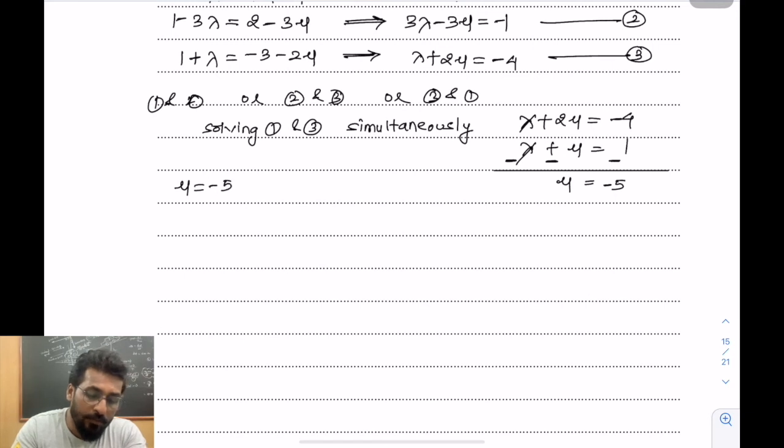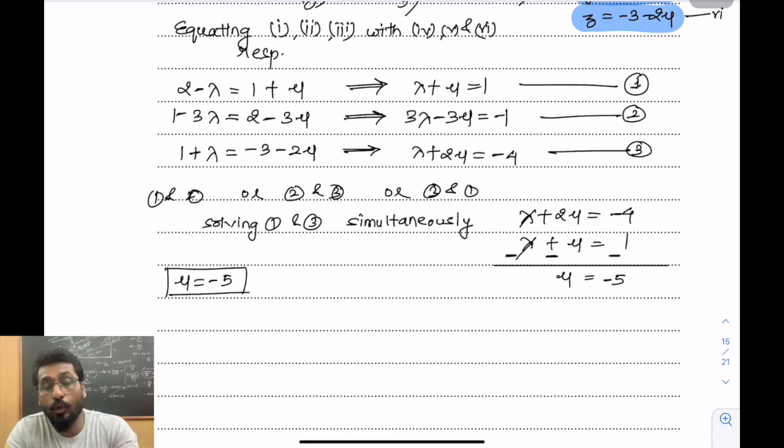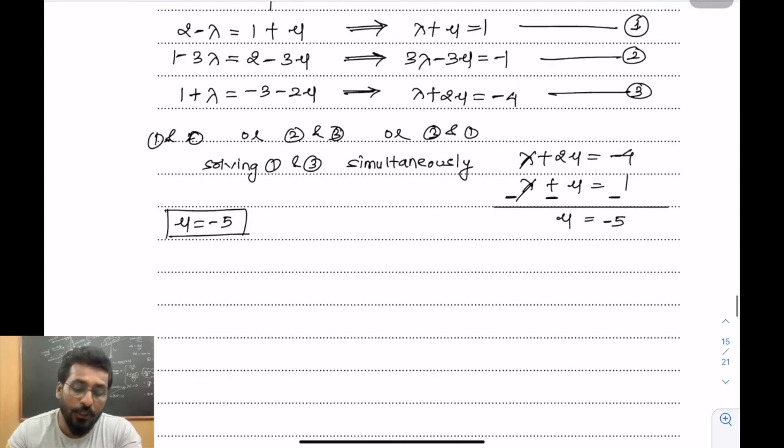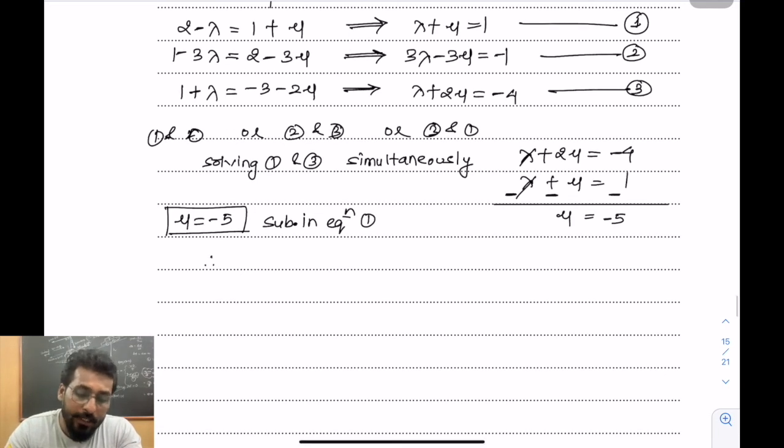Substitute this value of mu as minus 5 in any one of the two equations, 1 or 3, not in the second equation, since you are solving 1 and 3 simultaneously. So substitute mu equal to minus 5 in equation 1. I get lambda plus mu, which is minus 5, equal to 1.